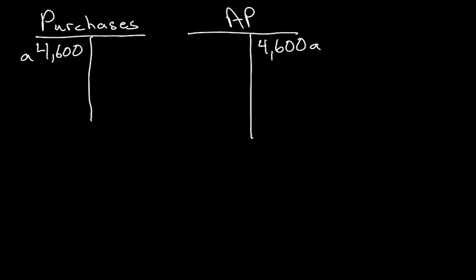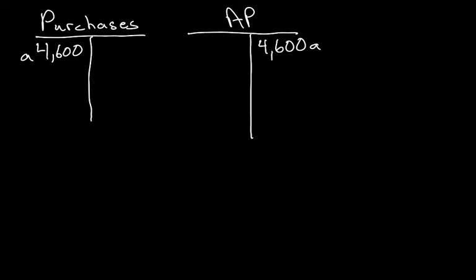All right. Second, on April 3rd, they paid the $300 for shipping charges on the April 2nd purchase. Now, remember, they're using FOB shipping point, so therefore the buyer will have to pay for the shipping.